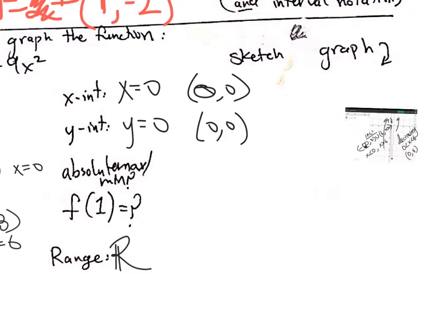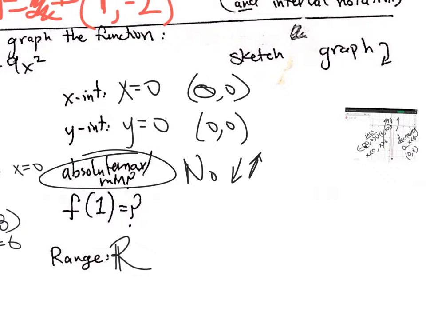And then, ooh, this is a good question. Is there an absolute maximum or minimum? And what that means is, is there some value that's the largest value that it ever attains? And the answer is no, because it keeps going up and right and it keeps going down and left.